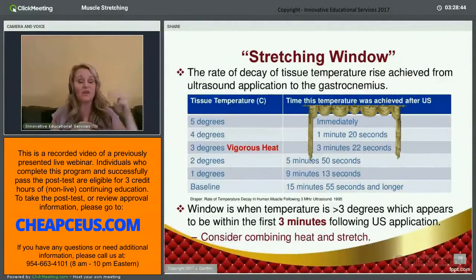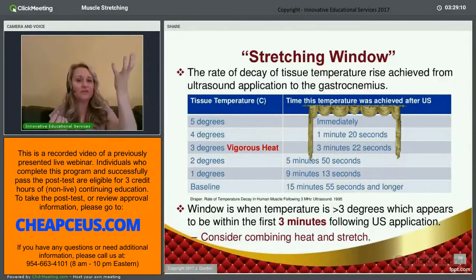But by the time we get to a 3 degree and above increase in tissue temperature, that's when we really start to see changes in the viscoelastic properties of the tissues. So vigorous heating is a greater than 3 degree tissue temperature rise, and that's when you can really marry the benefits of your heating modality with your stretching. That's when you have the best opportunity.